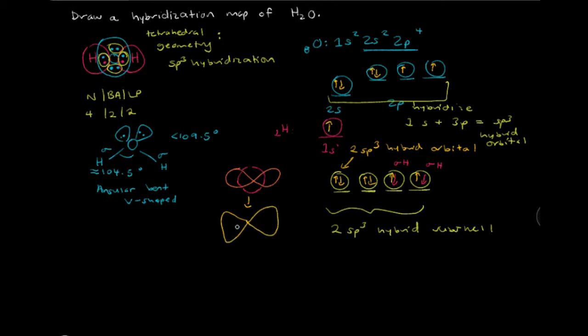But you guys can just label this because there's no way to completely draw this accurately. First of all, we're drawing this in 2 dimensions, but these orbitals are actually 3-dimensional, right? So it's going to be kind of like a contorted cylinder, but we'll just write sp3 and sp3 here. Okay, so that's what we're going to be looking at, and that's what I'm going to draw for my structure.